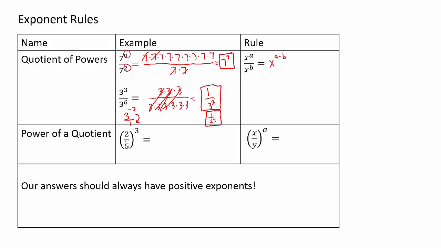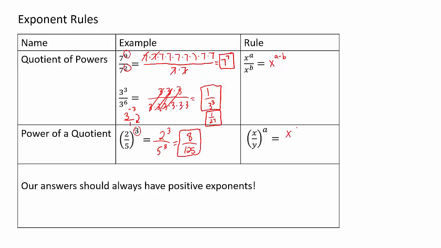And then our power of a quotient works like our power of a product did, where if I have parentheses, everything inside gets that cubed power as long as all we have is multiplication and division. So this would be 2 cubed over 5 cubed. We can figure out what both of those are really easily. It would be 8 and 125. So that would be our answer.